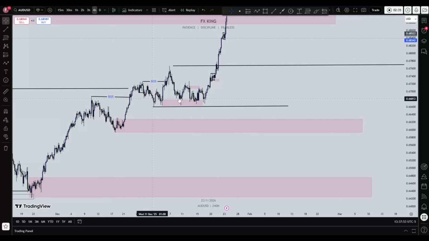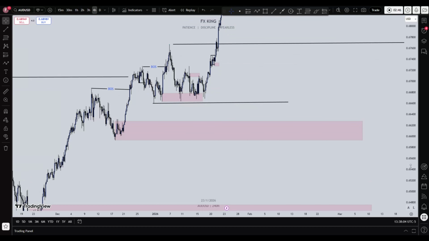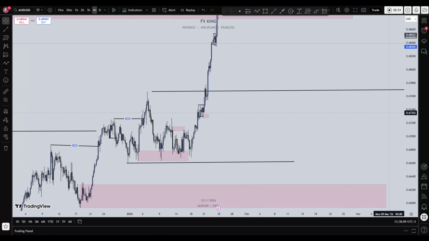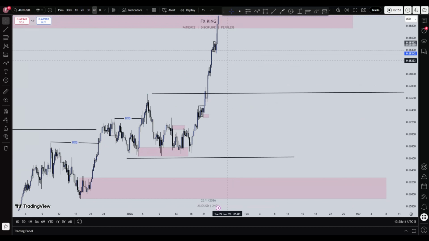So we had this BOS here, and at the time we were making that video, the market was somewhere around here. So we were expecting the market either to break and follow the daily structure or follow this 4 hour structure. At the end of the day, the market followed this 4 hour structure here and bought, right?